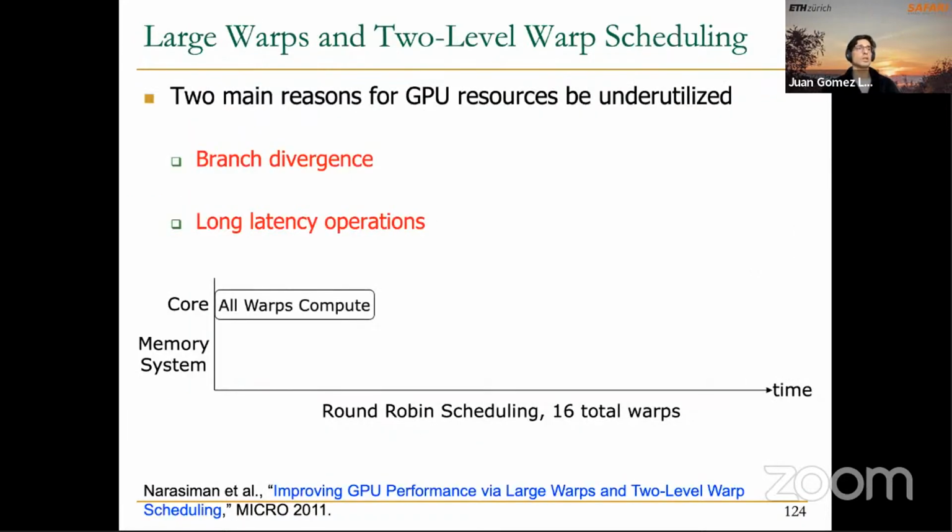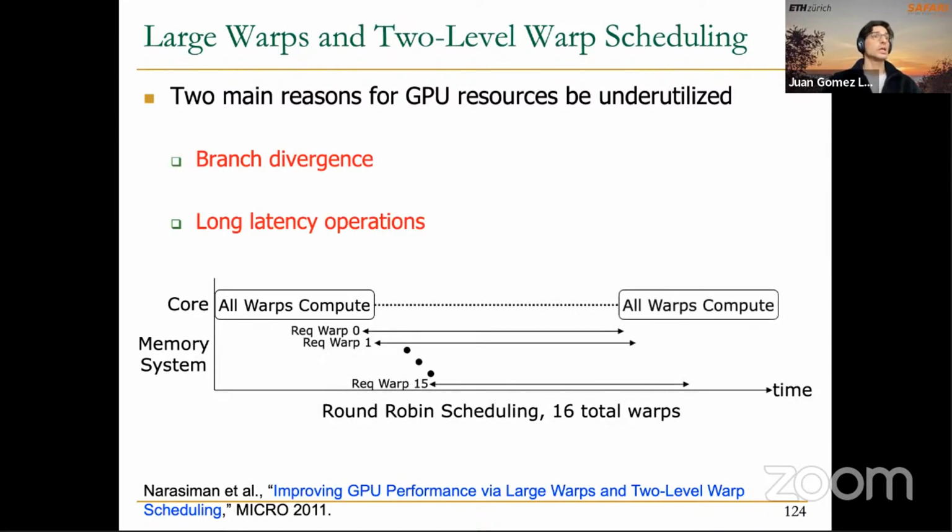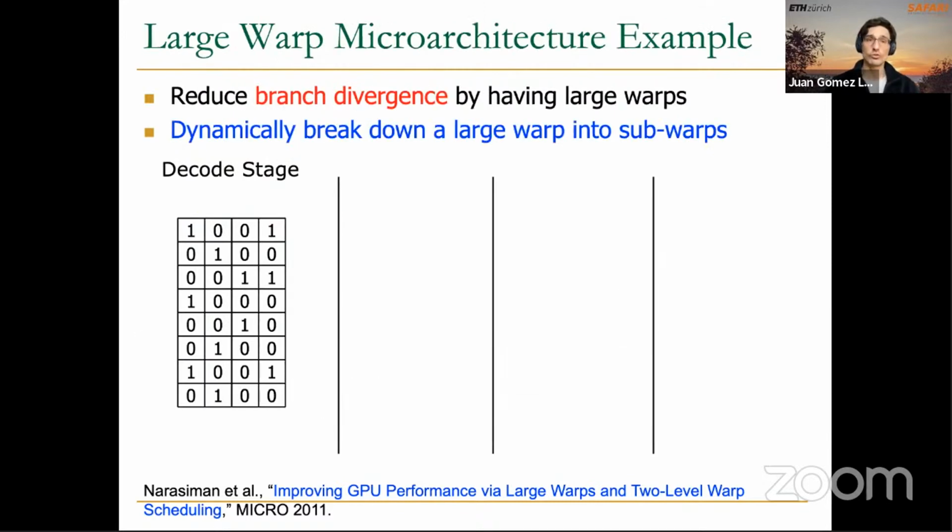A related or similar approach also comes from this paper that not only proposes better ways of creating the warps, but also better ways of hiding the latency of operations, like the accesses to main memory. For the branch divergence idea, it resembles the previous idea, but in this case, it's creating large warps from smaller warps.